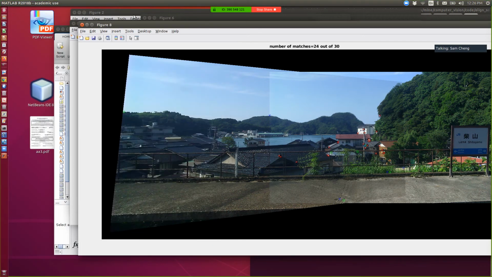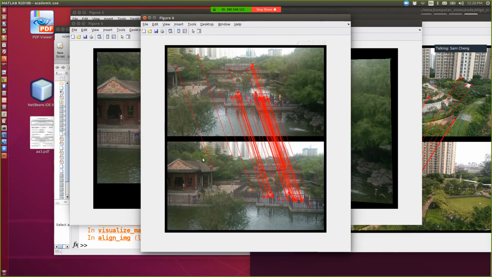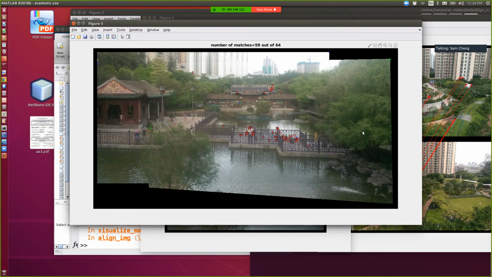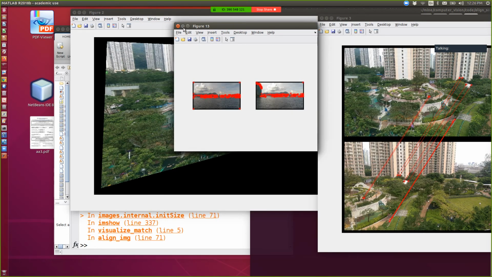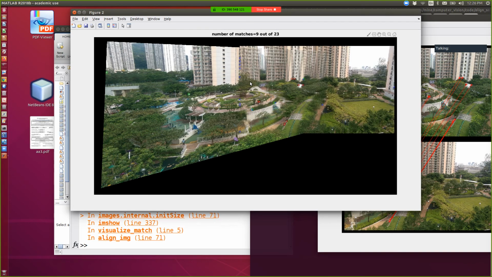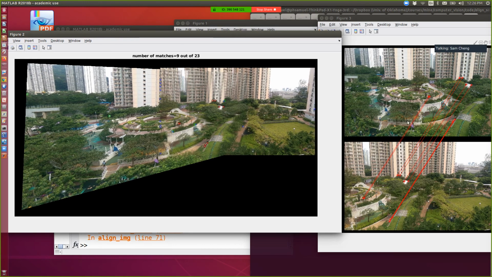And so on and so on. There's another one. Basically, all of them work pretty well actually. This one is a bit too much. I guess it doesn't have enough matches there.